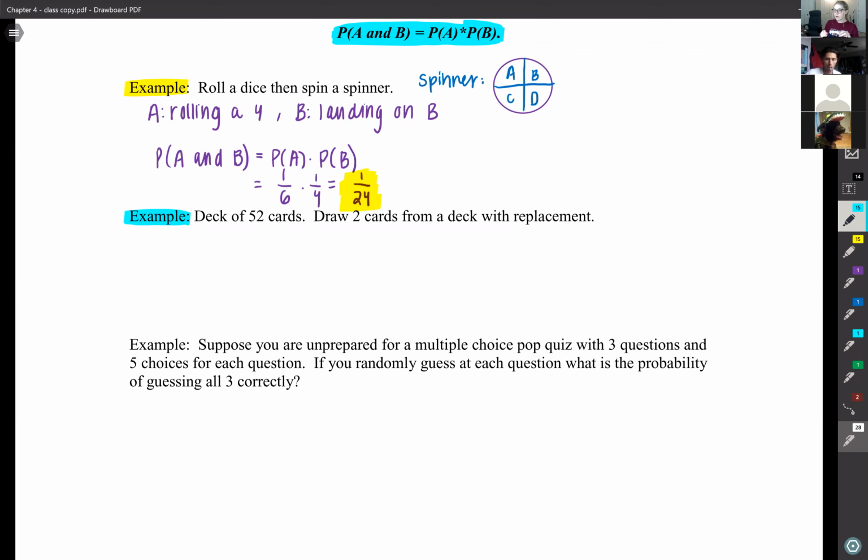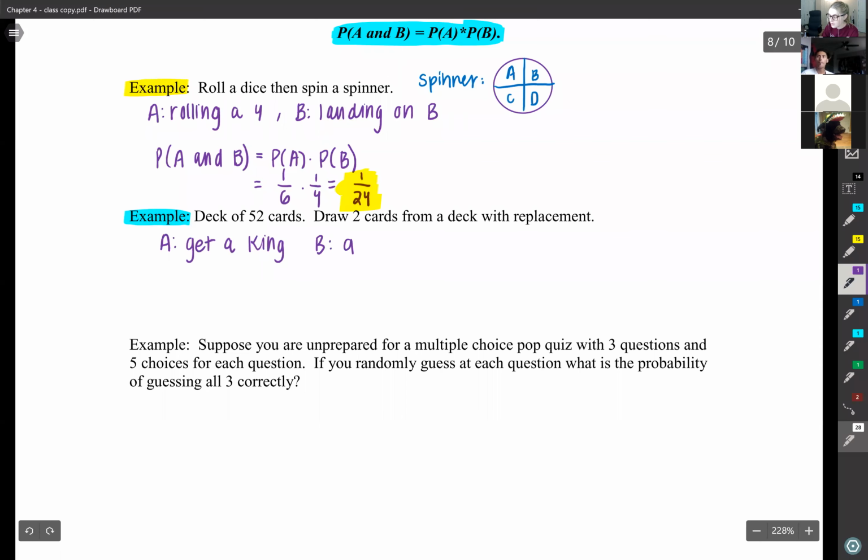So that's really common wording that you'll see, with replacement and without replacement. We'll get to without replacement next. But for this sake, just know that you're picking 1 card, looking at it, and putting it back in. So you want to draw 2 cards from the deck with replacement. I'm going to say event A is getting a king, and then event B is going to be you get a 7.